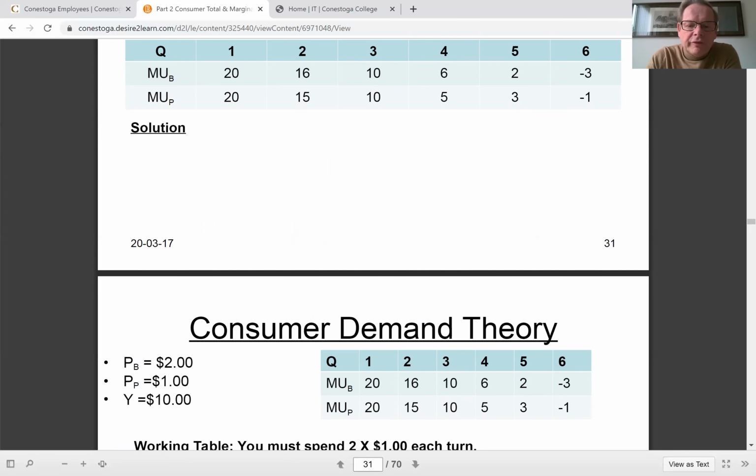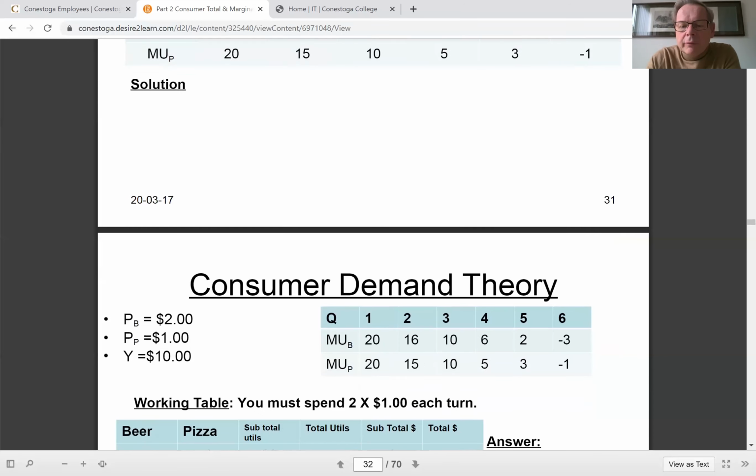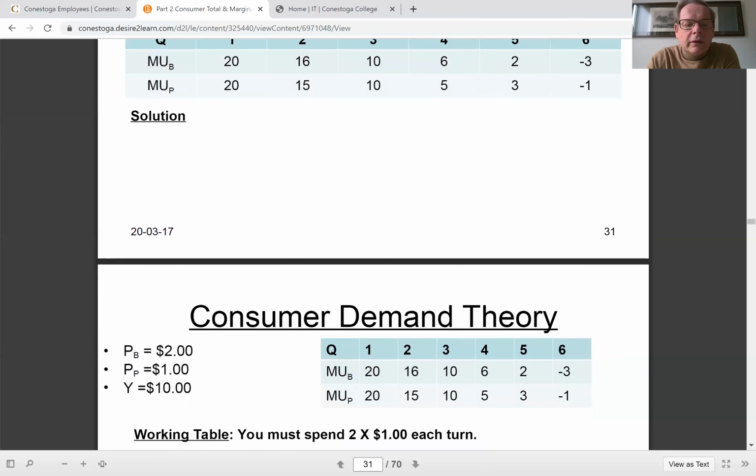I've reproduced the table here that we have to work with. And again, the decision that you have to make right up front is how are we going to spend our money? We're going to spend our money in two $1 lots. That gives us, once again, an equal opportunity to buy the beer and the pizza, and it's going to be bias free.